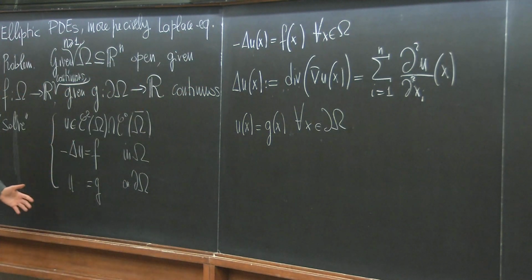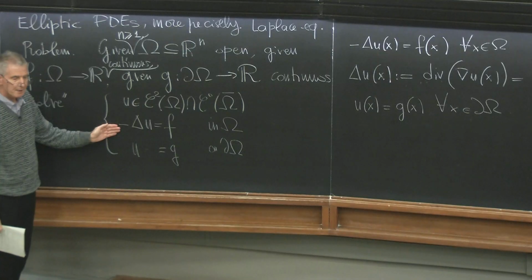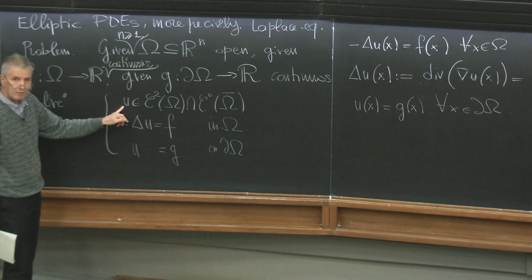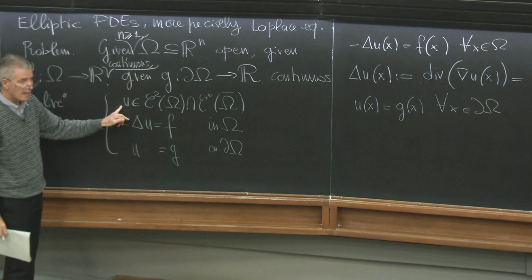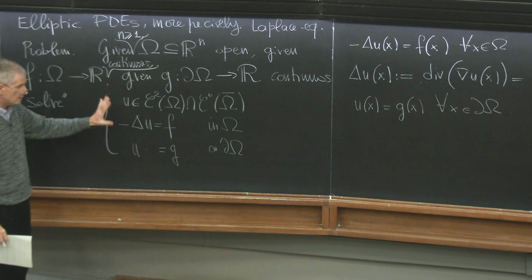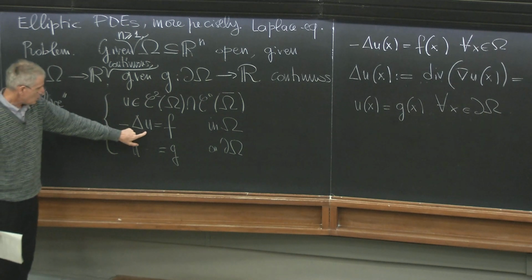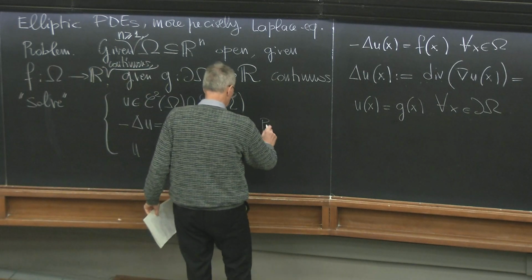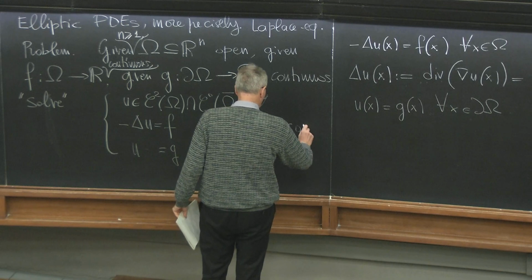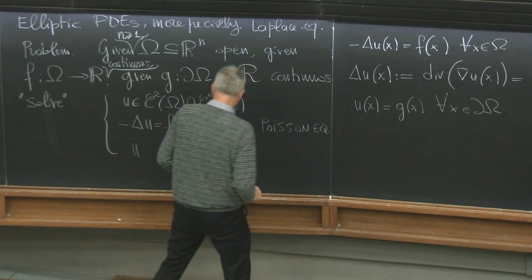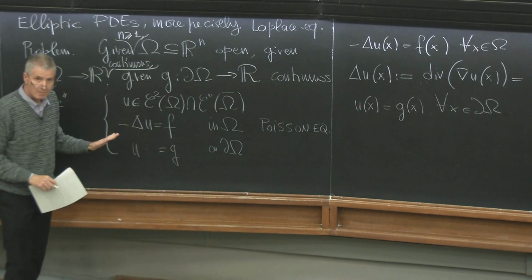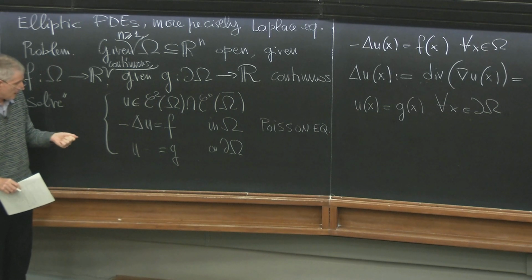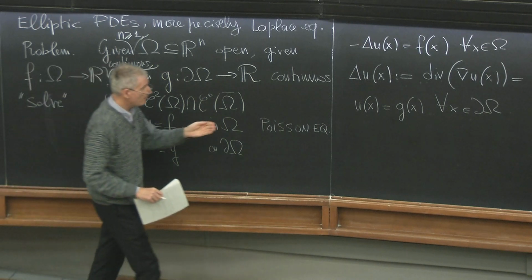So what is this problem? This is the PDE, a second order PDE, two derivatives of u. This is the class in which we are looking for a solution. We will not work only in this class. This is just an example to write some problem. This is usually called the Poisson equation. It has a physical meaning that I don't want to discuss, but it has a physical meaning because this is a PDE in divergence form.